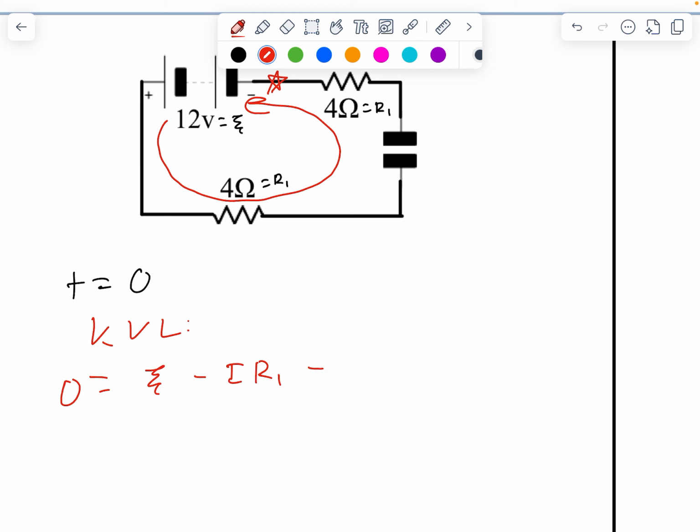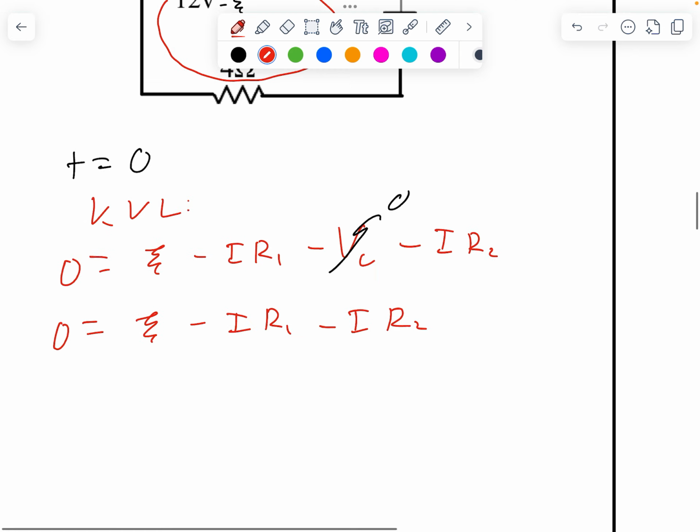Then I have the capacitor, so let's call that VC, some voltage across the capacitor, minus I R2. Well, my little trick says that at time equal to 0, there is no voltage drop across the capacitor. That's just equal to 0. So 0 is equal to epsilon minus I R1 minus I R2.